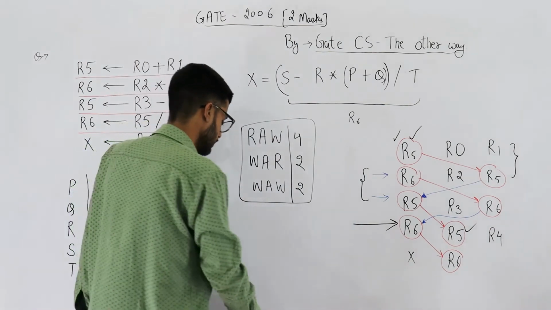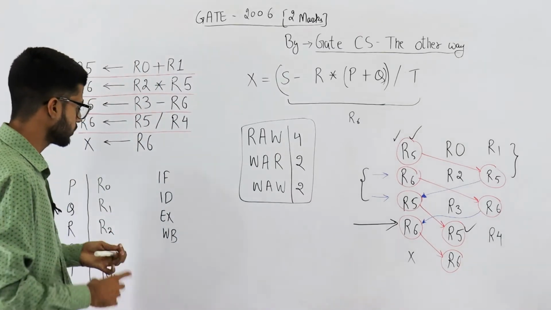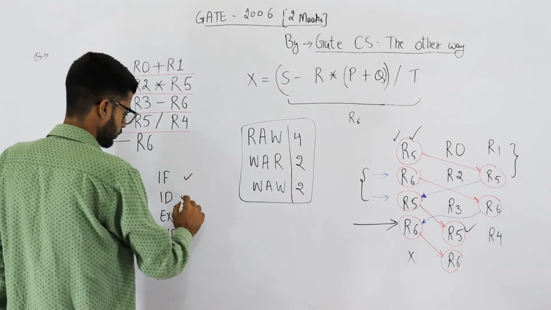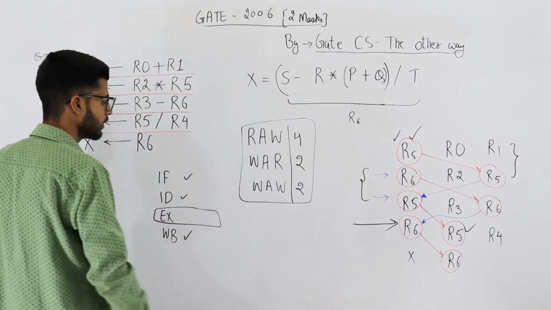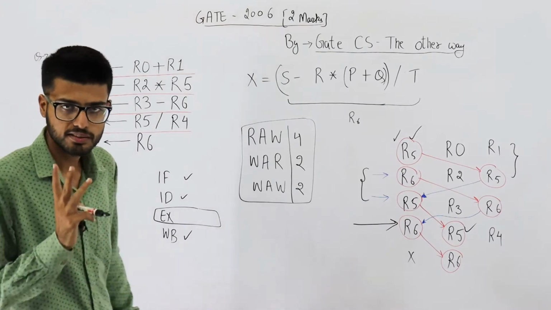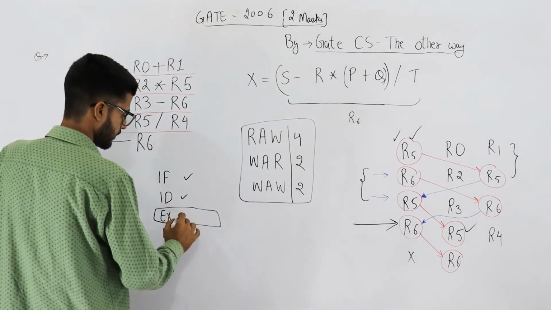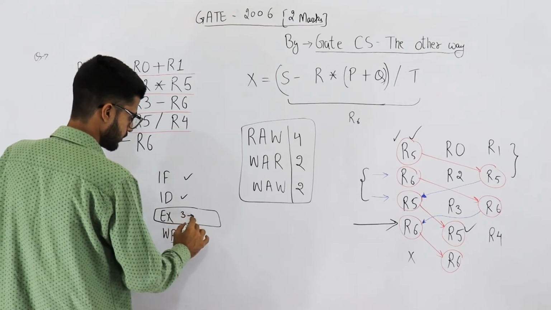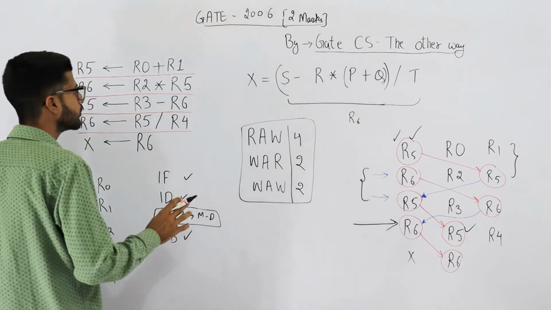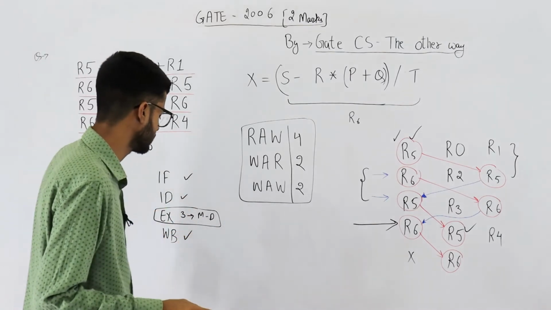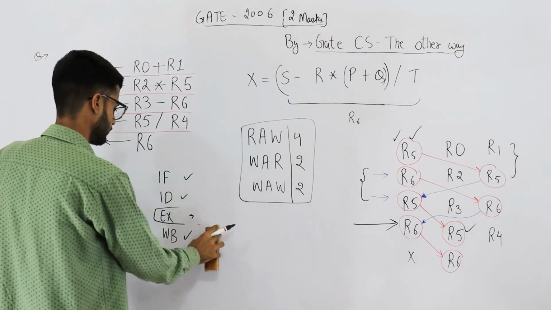Okay, so what they're saying is, each of these stages takes 1 clock cycle each except for execute stage. Execute stage requires 3 clock cycles for multiply and divide. For rest, add, subtract, store, etc., it is 1 clock cycle.